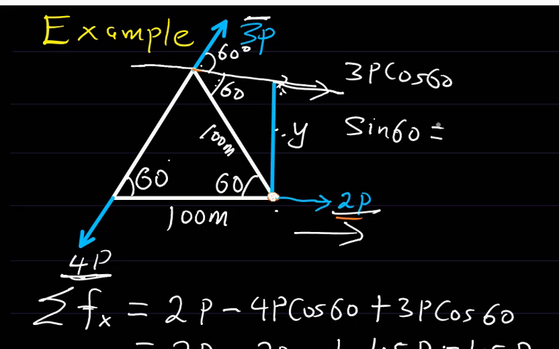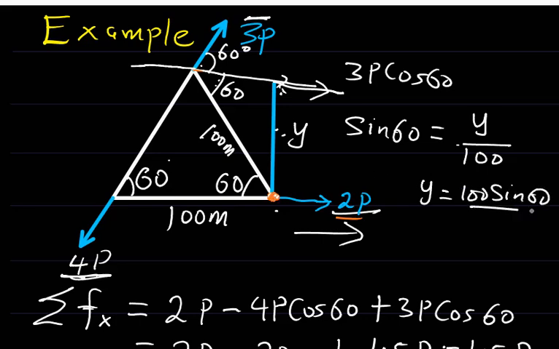So sine 60 equals y all over 100. So y is equal to 100 sine 60. So the perpendicular distance of the horizontal component of 3p, which is 3p cos 60, is 100 sine 60. That's what I'm going to use.